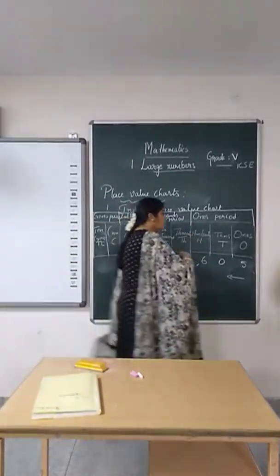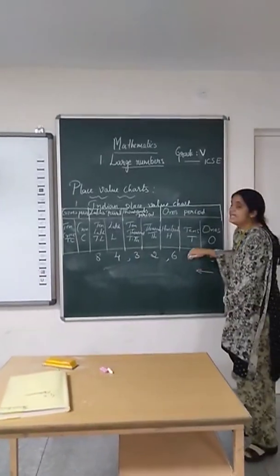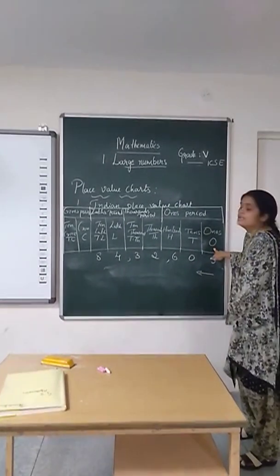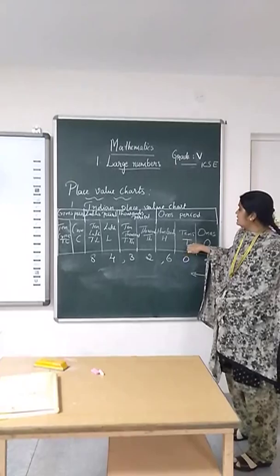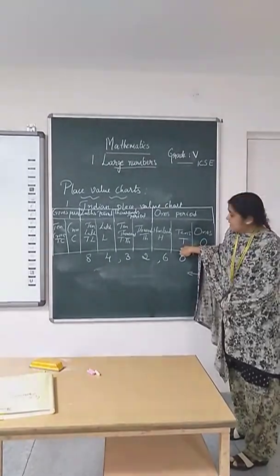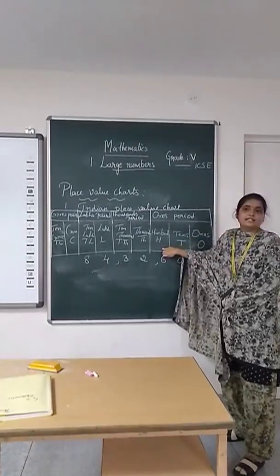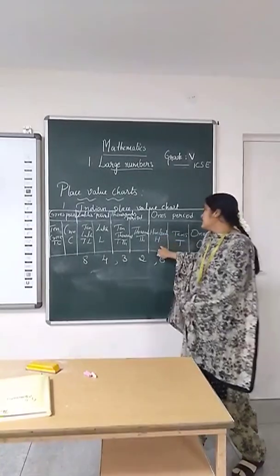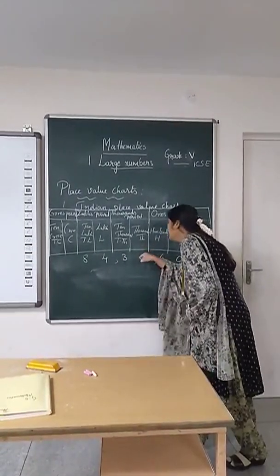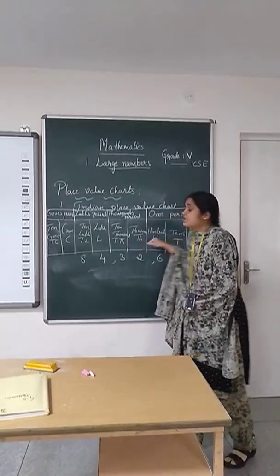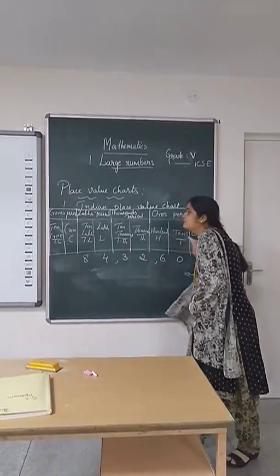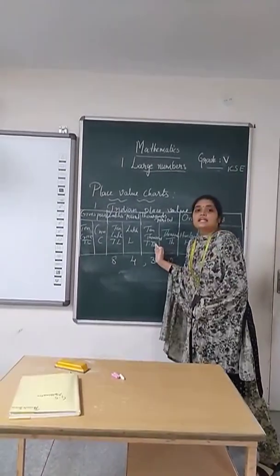That is, you are going to multiply it by 10. So 1 into 10 will give you 10, which is the tens place. When you multiply 10 by 10, you will get 100, that is the hundreds place. When you multiply 100 by 10, again you will be getting 1000. So the value goes on increasing 10 times.